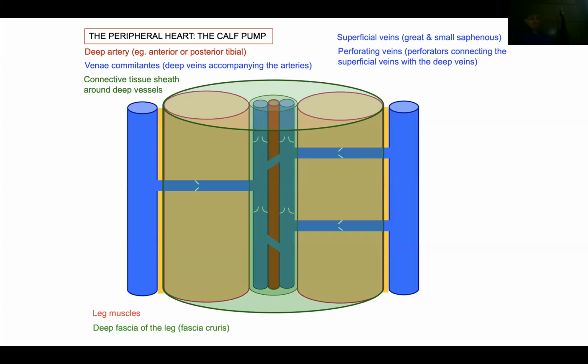There are valves which are also connecting my superficial vein to deep veins, and each perforator has these valves, and only one-way flow is allowed. This is the normal resting position. Now look at it. My superficial vein has valves, my deep vein has valves, and the veins connecting superficial to deep have valves.